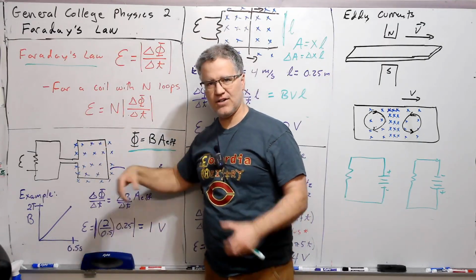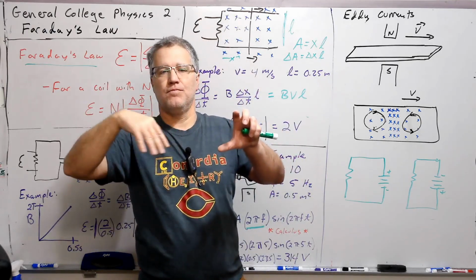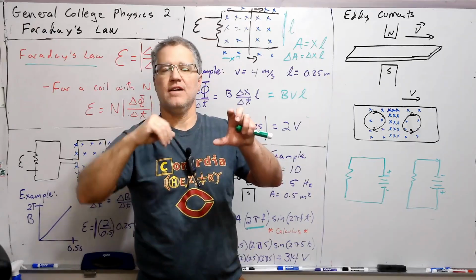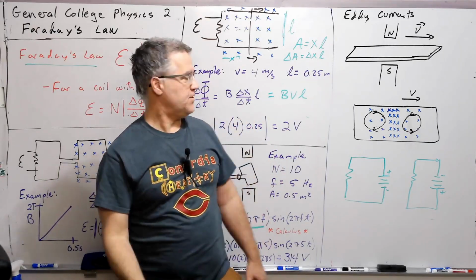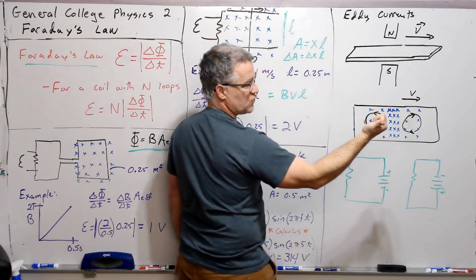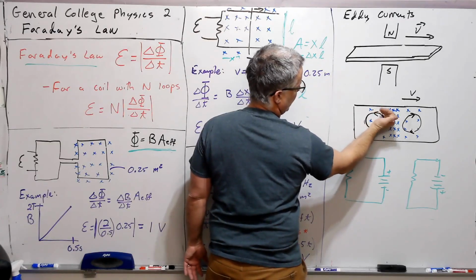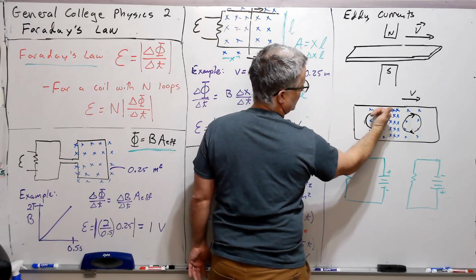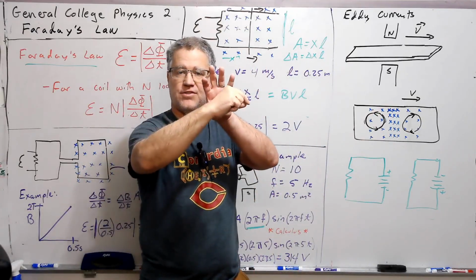Usually we think of needing wires to make a loop, but the slab of metal itself will provide the pathway for this circular current. And we just follow Lenz's law. So field lines coming in like this, that means we have to come out like this, and we're going to get a so-called eddy current in this direction here. Now let's imagine we've come through and out the other side.